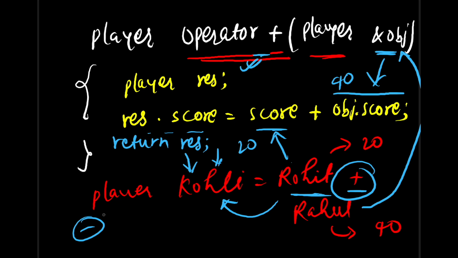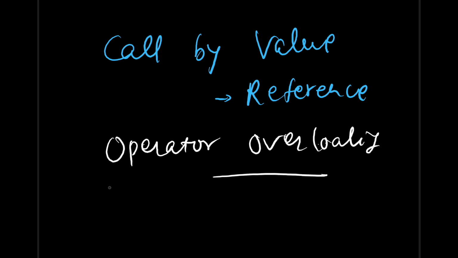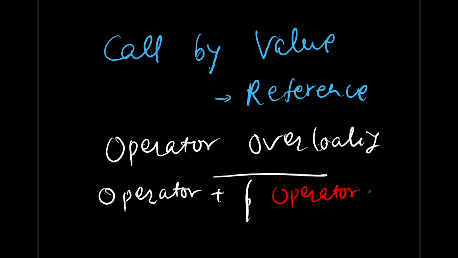I hope you have understood this concept of both call by value and call by reference. And second, I explained what operator overloading is, right? For operator overloading, you can define many operators. You can define a function called operator plus, you can define operator minus and multiplication and many more.